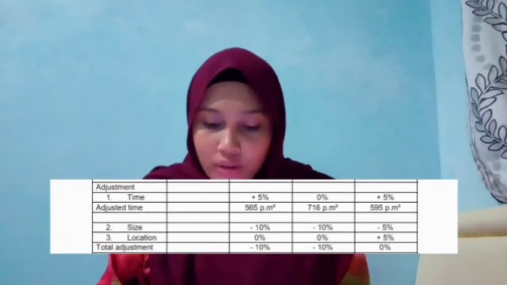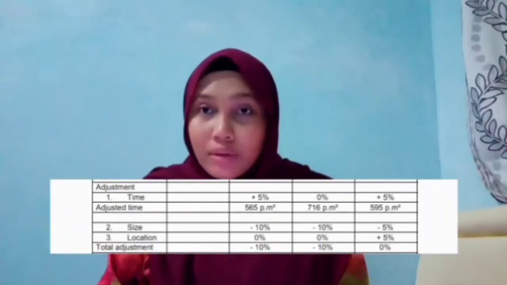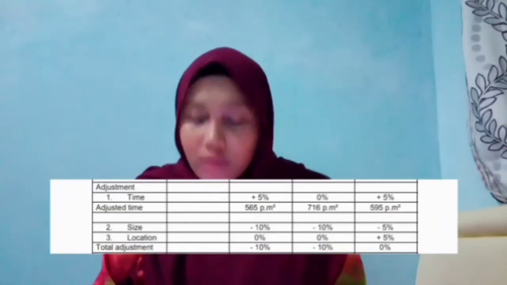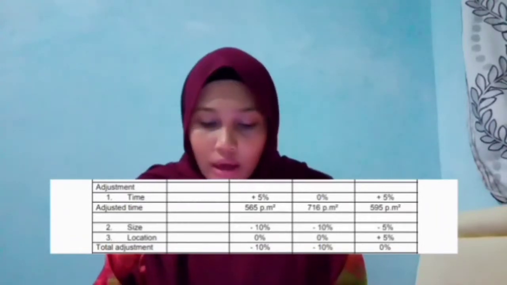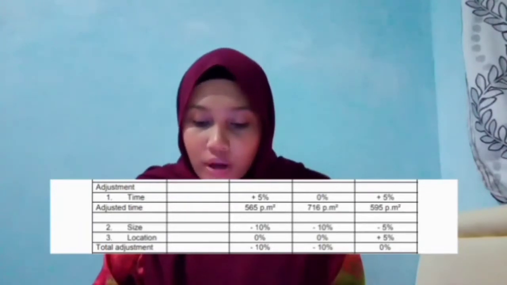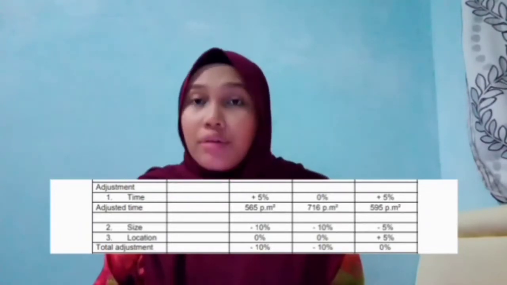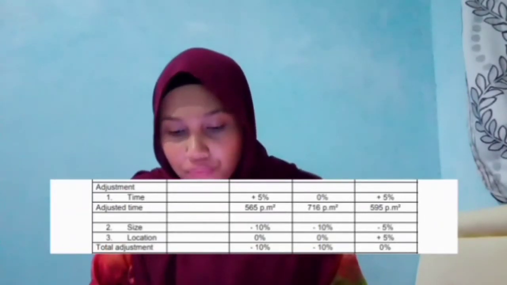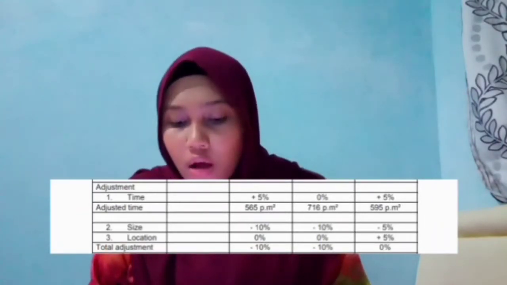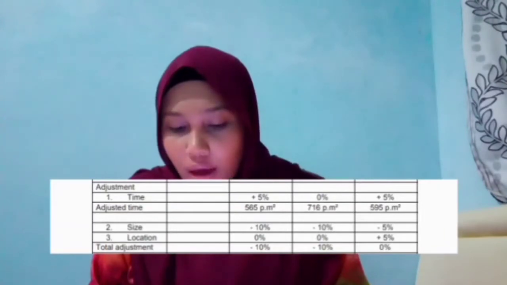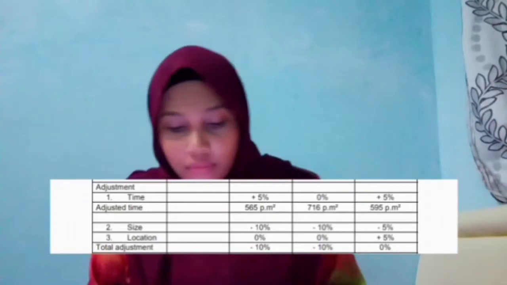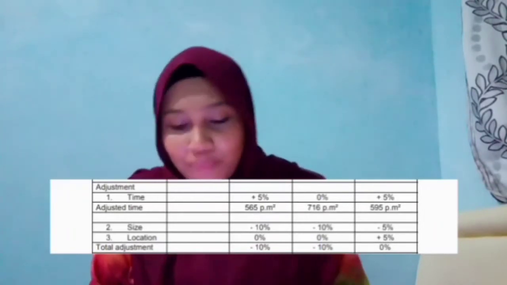The second one, for size, we will minus 10% for lot 30 and lot 10,423, and we will less 5% for lot 856. This is because the subject property has a great land area, great size actually.